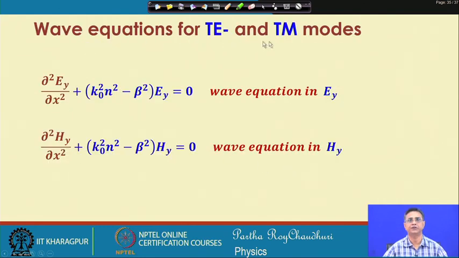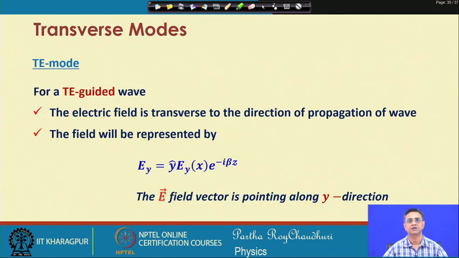The wave equation for TE and TM modes, by now it is very clear: if it has to represent a TE mode, then it is the electric field component which will satisfy this equation, and for the TM mode it is the magnetic field component which will satisfy this equation. These equations are valid for the homogeneous medium, each of the homogeneous layers which constitute the structure.